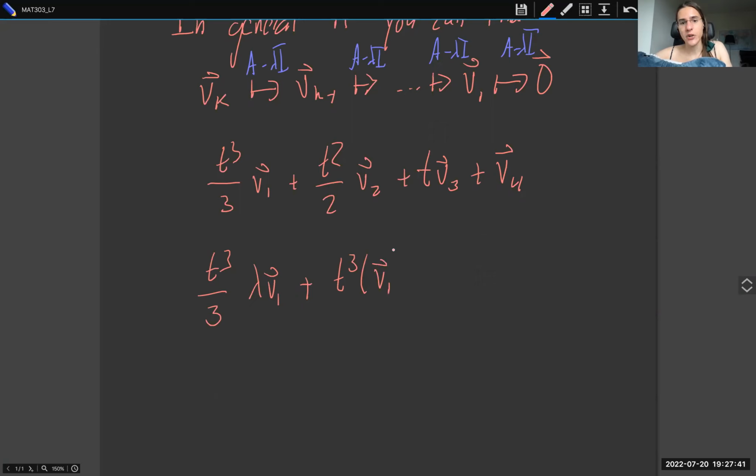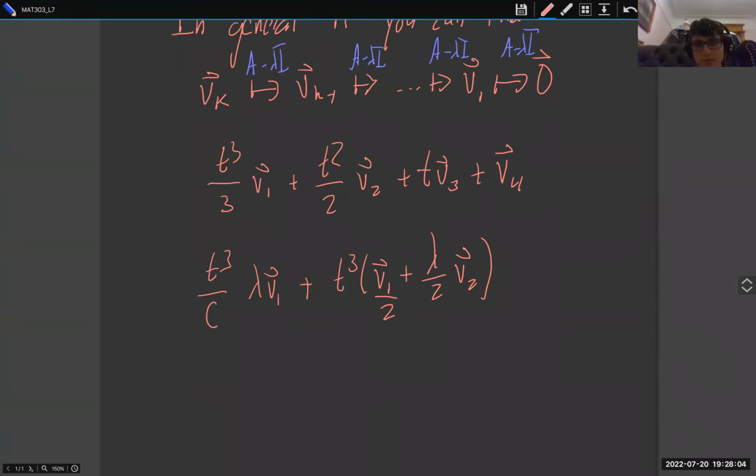And then here we're going to get the 2, and then the lambda is going to come out, so it's going to be lambda over 2 v2. Oh, no, that's not good, right? Because we want to have these two things equal, right? So what we want is to have a 2 here, which means that what should we have here? A 6. 6, right? So in general, it's going to be like power series where we have factorials.